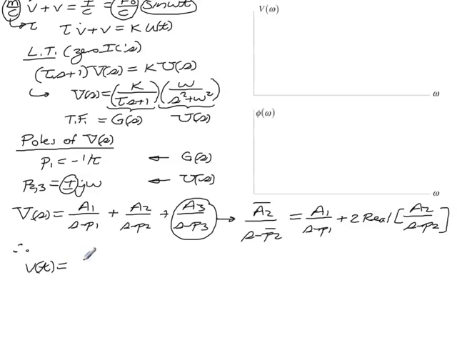So we get A1 e to the P1 t. Then we get twice the real part of A2 e to the P2 t. This is a transient term.